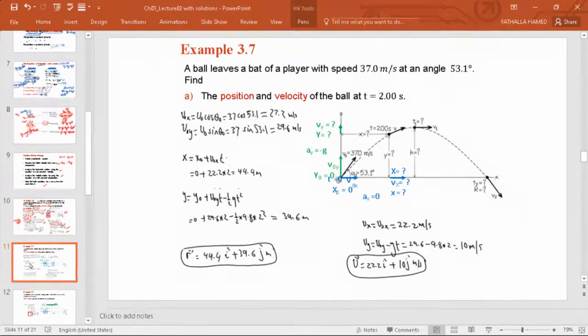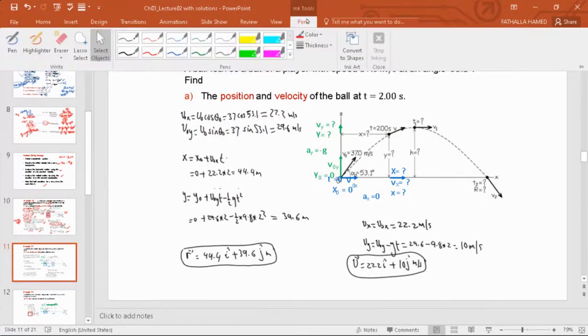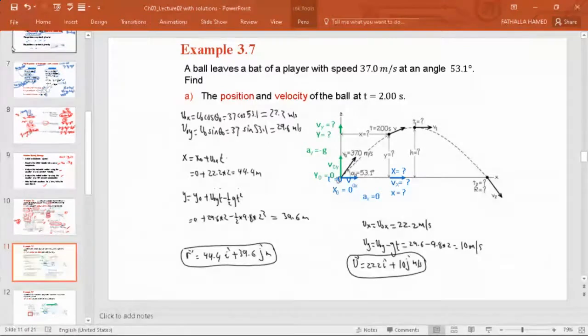Here we have another example. A ball leaves a bat of a player with a speed of 37 meters per second at an angle of 53.1 degrees. Find the position and velocity of the ball at t equal to 2 seconds.